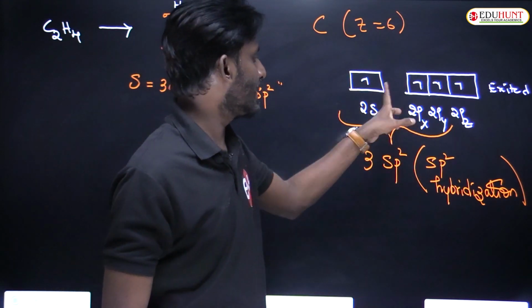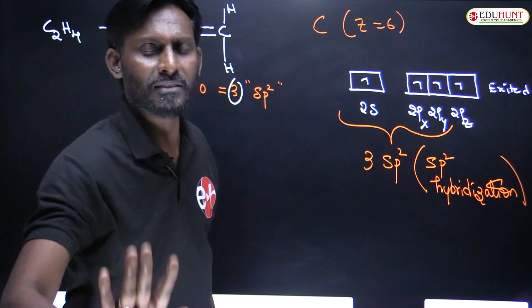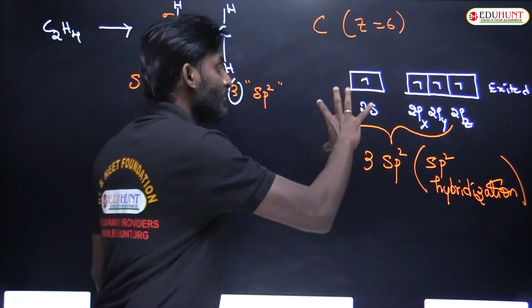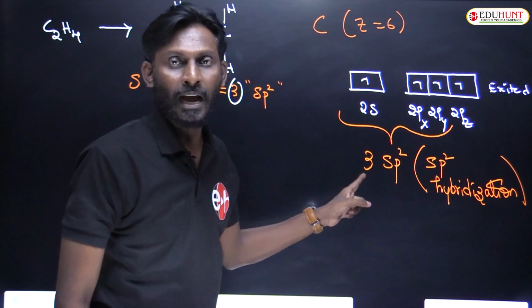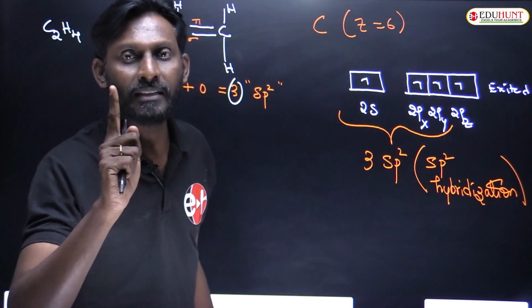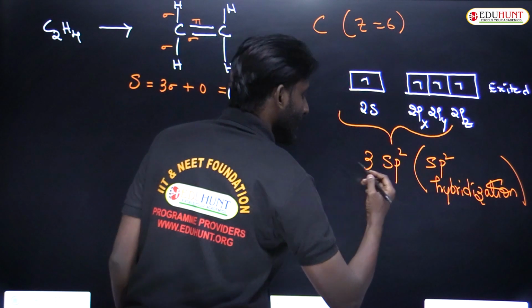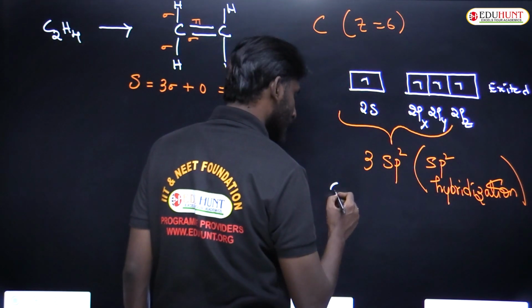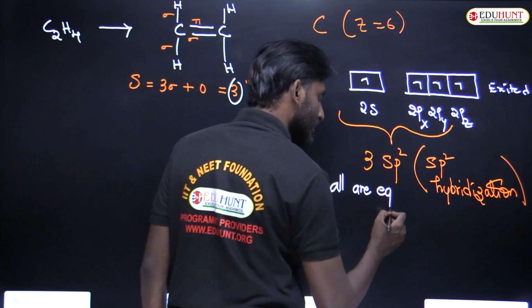Of course their energy is nearly the same, but they are not identical. But after intermixing, you got 3 hybrid orbitals and all 3 are the same in all respects. So the 3 sp2 hybrid orbitals are all equivalent.